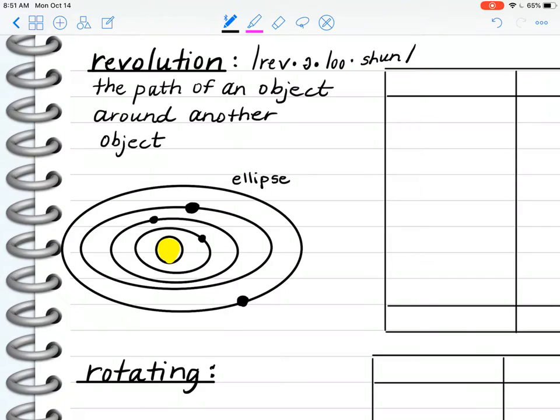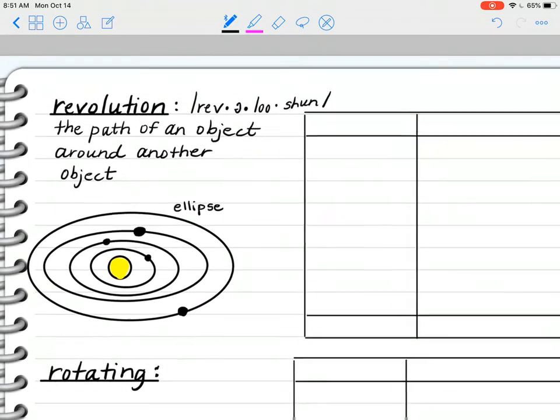So it is an elliptical orbit for all the planets, and this is what creates our change in seasons. It has a lot to do with life on Earth. If the orbits were perfectly round, those factors would be different. So the fact that there is an elliptical orbit is very important to how we live our lives.